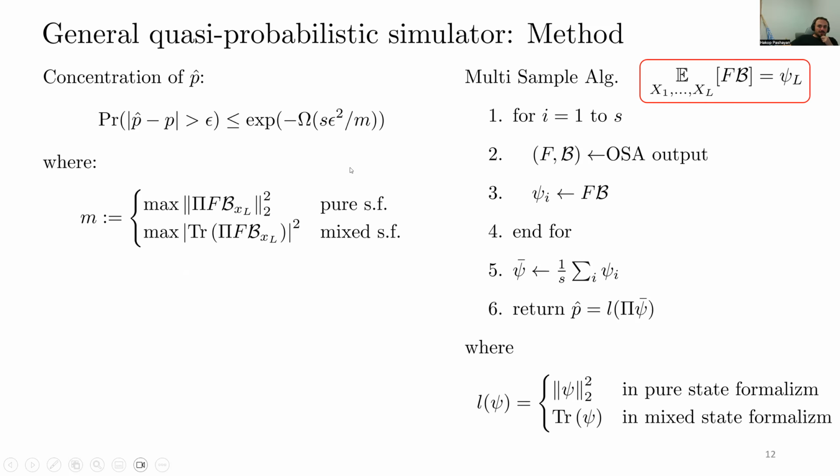And what is this m? Where does it come from? M is basically the maximum Born probability, or the maximum p hat you could get when you just use one sample. So it's the maximum of frame element times these f's times pi, take the 2-norm squared in the pure case, or the associated quantity in the mixed case.